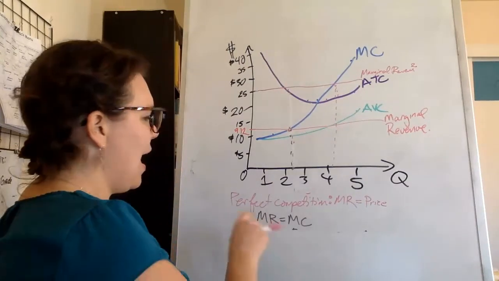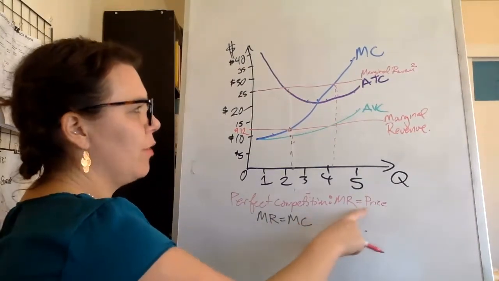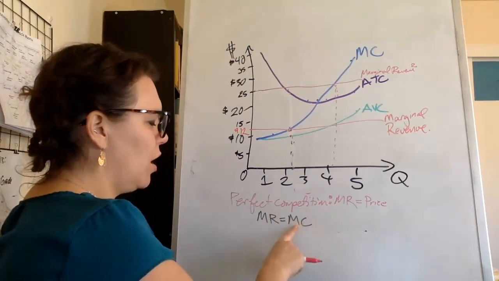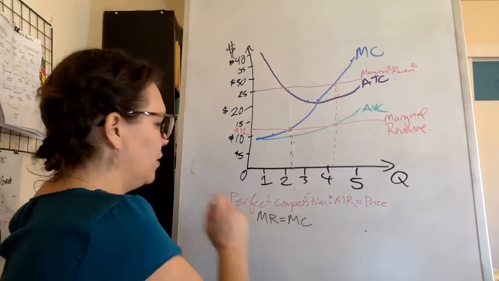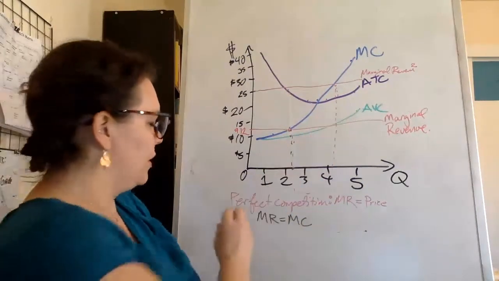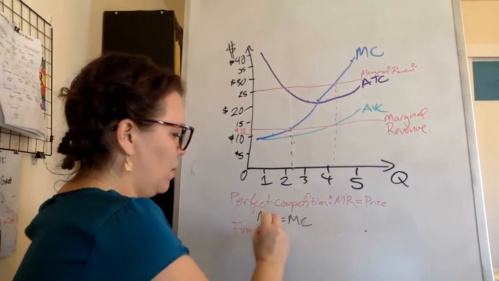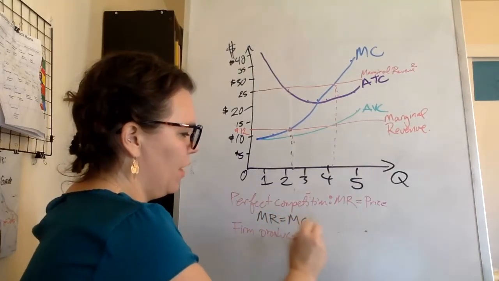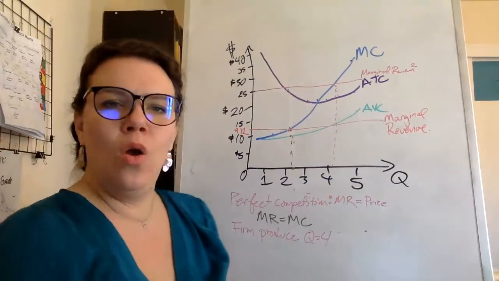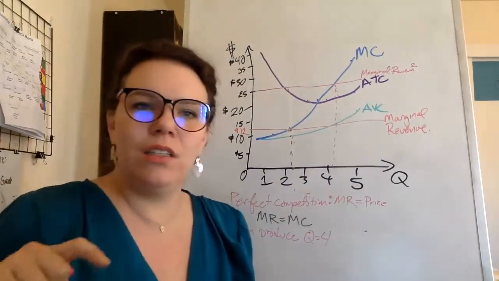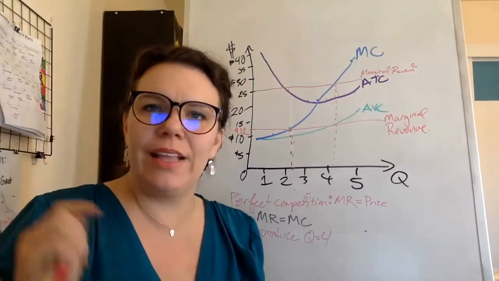So in perfect competition, marginal revenue is equal to price. Firms produce at marginal revenue equal to marginal cost. So in the short run, we would say that the firm would produce that quantity of 4. Now, when we ask ourselves the same short run, long run equilibrium question, it's the same thing.